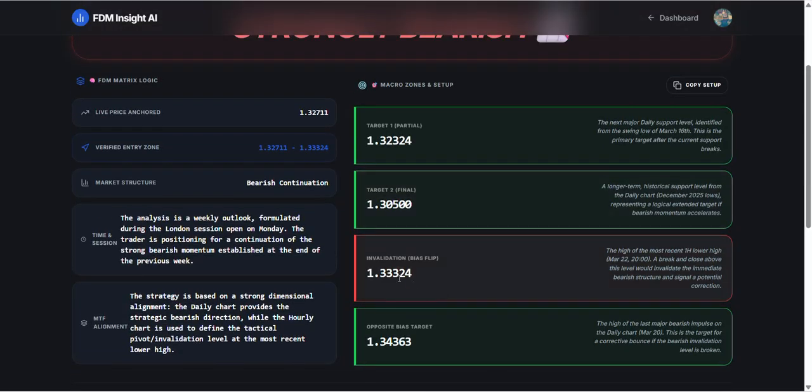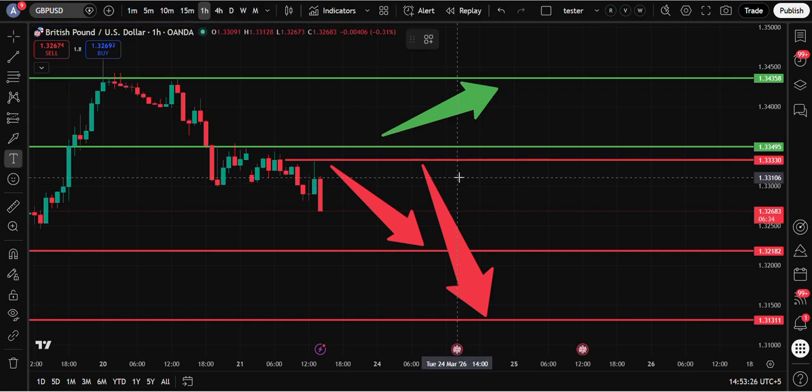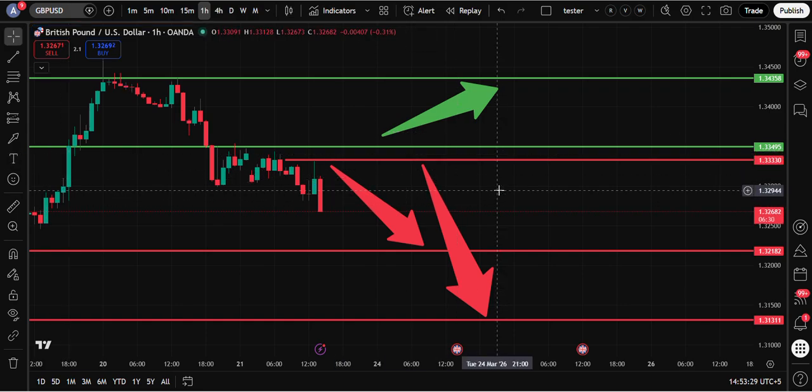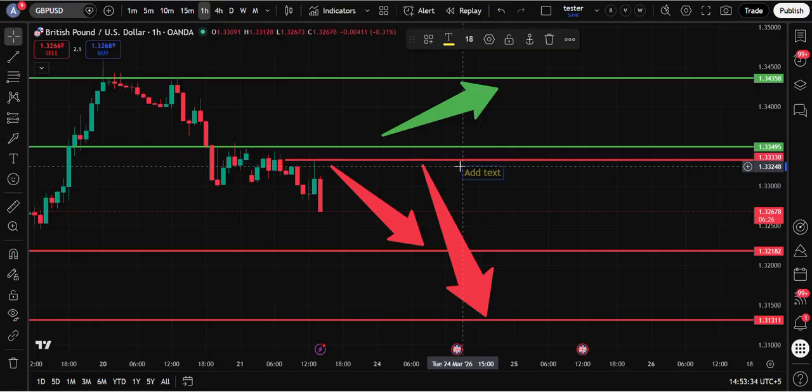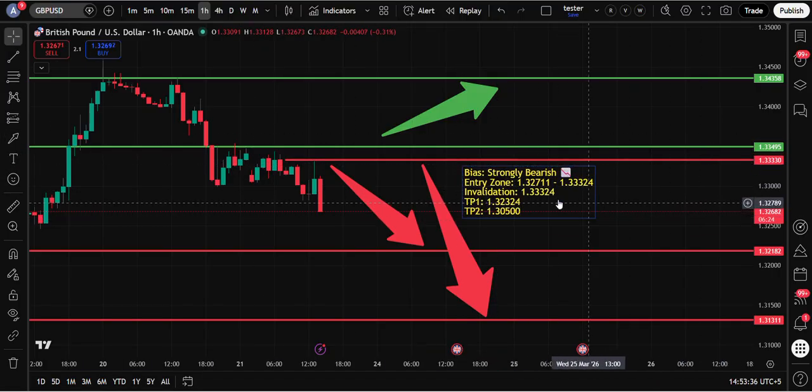Okay, so as long as the price stays below 1.33324, the price is bearish. A break and close above this level would invalidate the immediate bearish structure and signal a potential correction. Let's copy the setup and get back to the chart. I've made the text quite simpler.